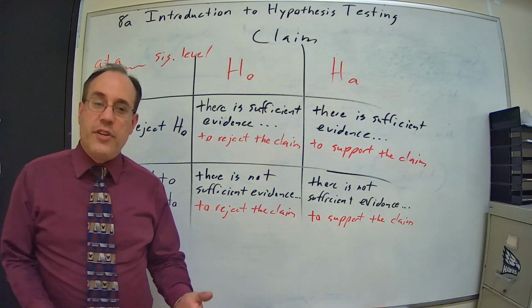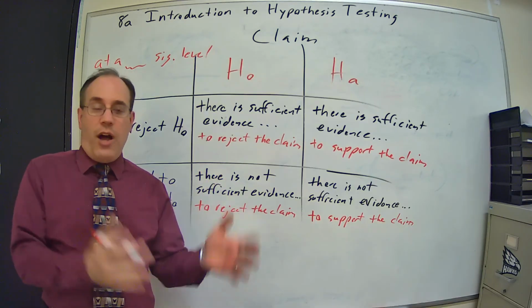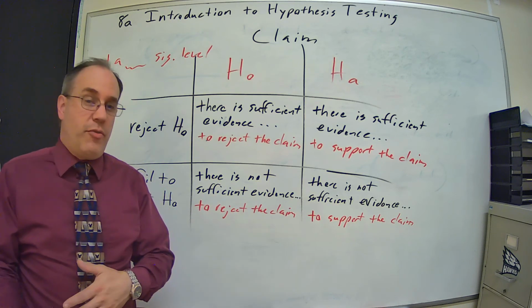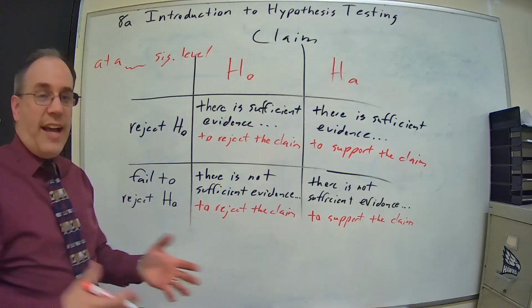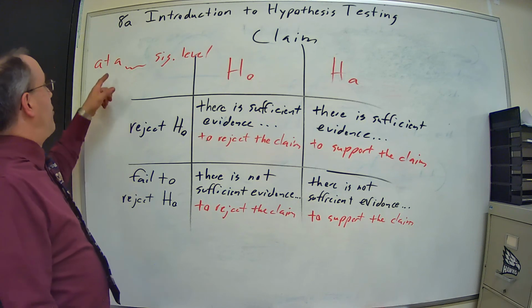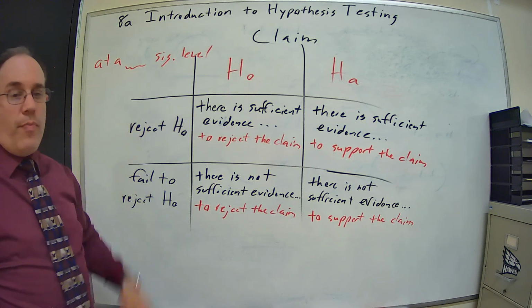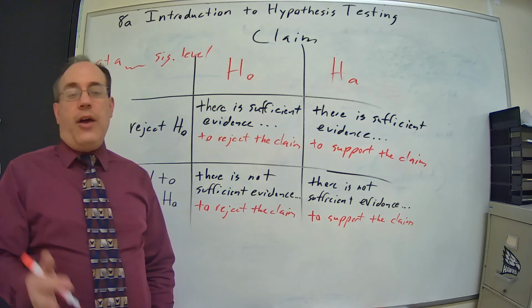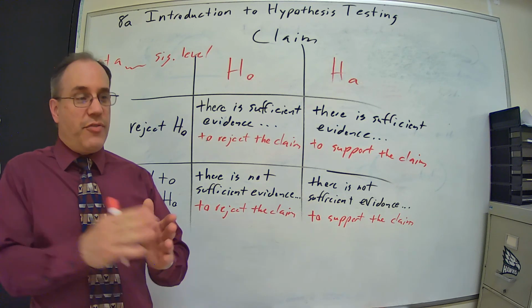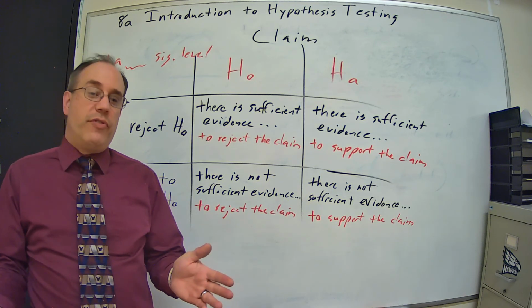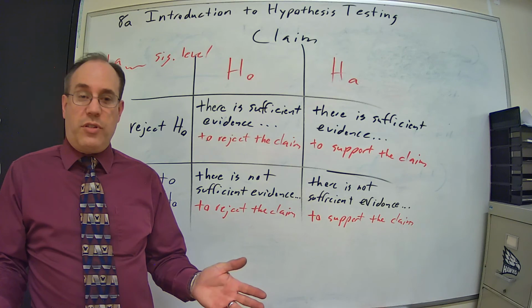Just like with confidence intervals, we always stated a 95% confidence interval for such and such, a 98% confidence interval. Here we say at a significance level, and I will point out that significance levels are kind of the complement of confidence levels.